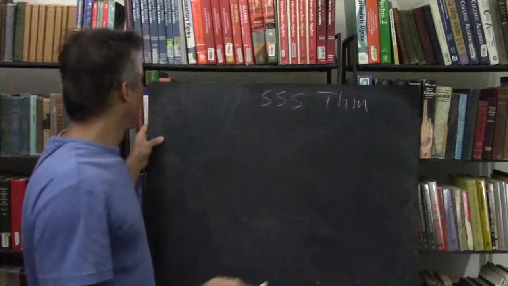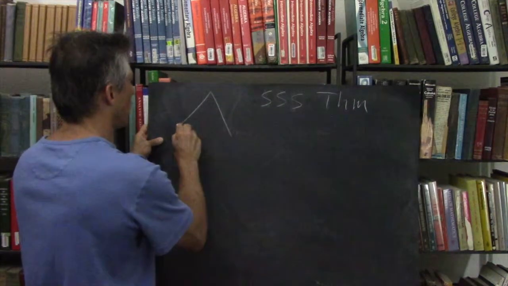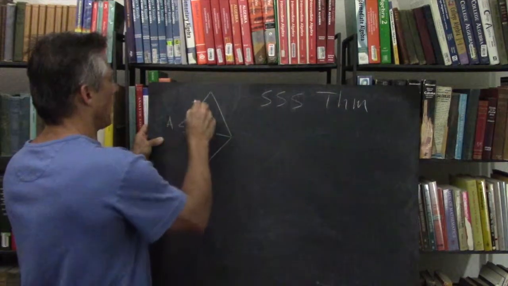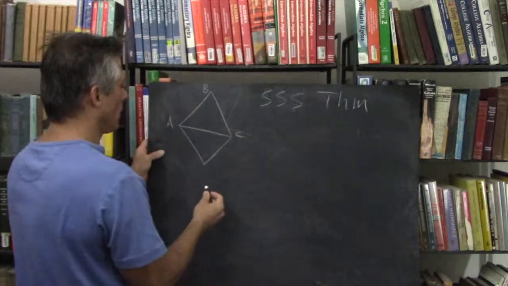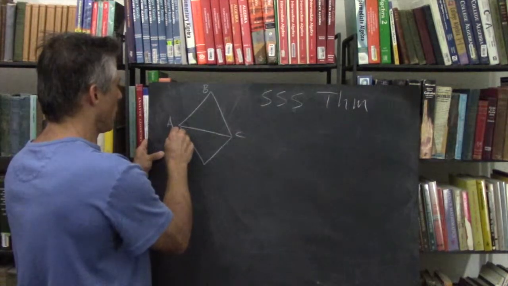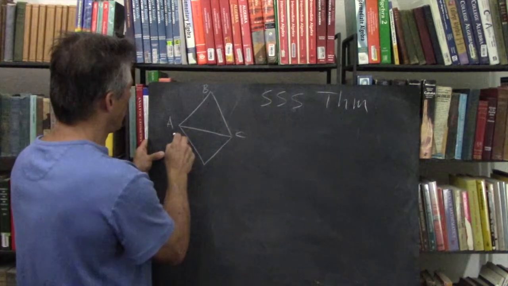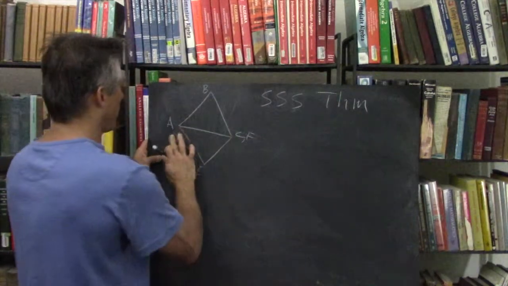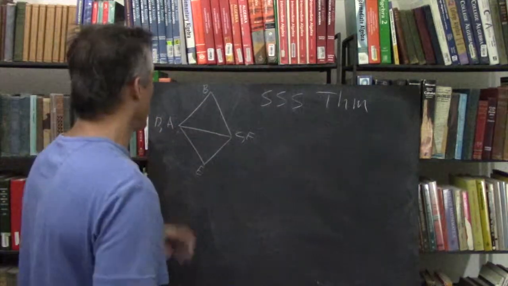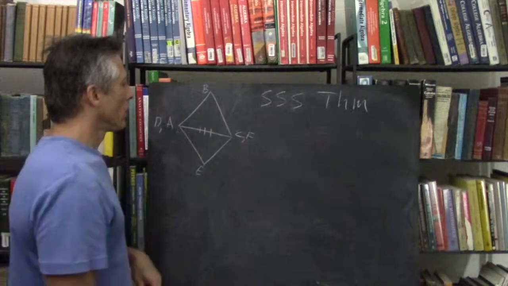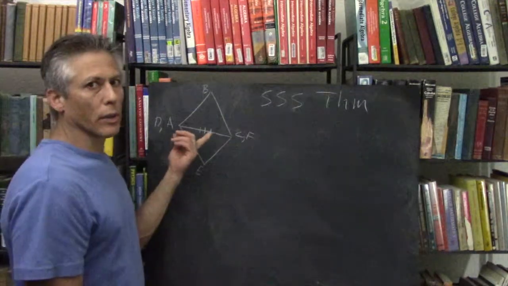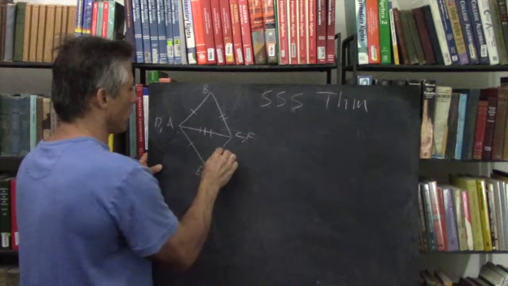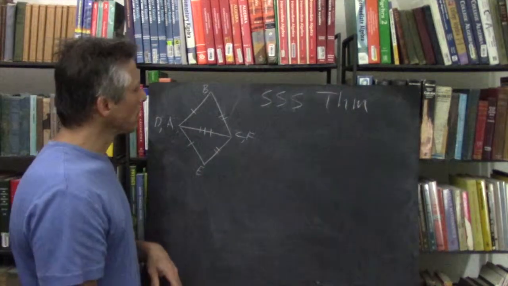So we've got A, B, C, and then we had D, E, F. Okay, so since these sides were congruent, they're going to exactly overlap. And then we got this one, and this, and this, and that.